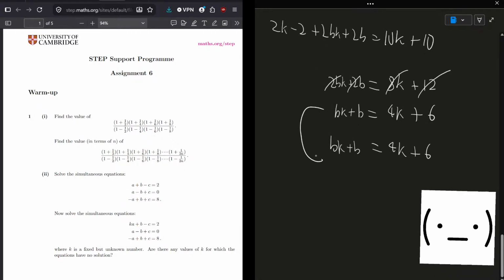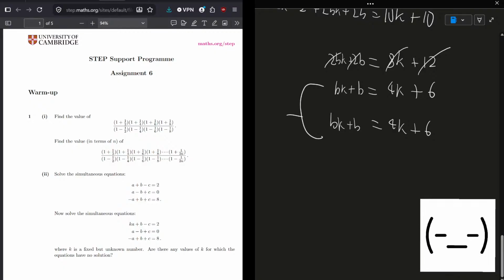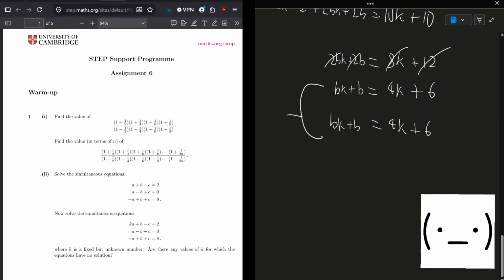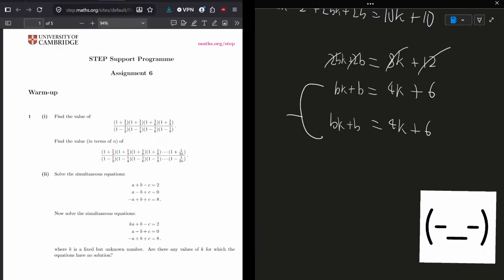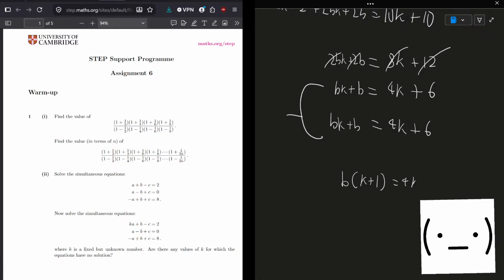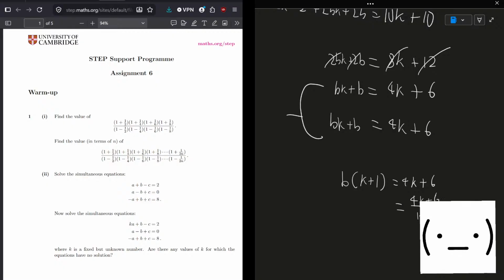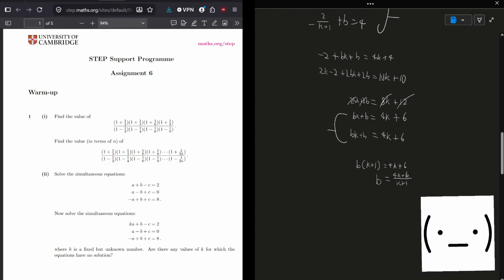So both of these are the same, which means that we can then do some mathematics to figure out the answer. Does not help.